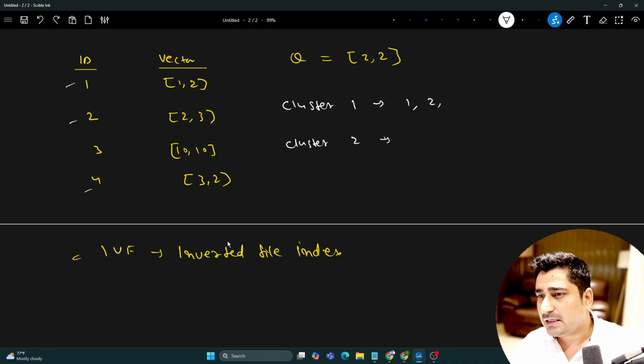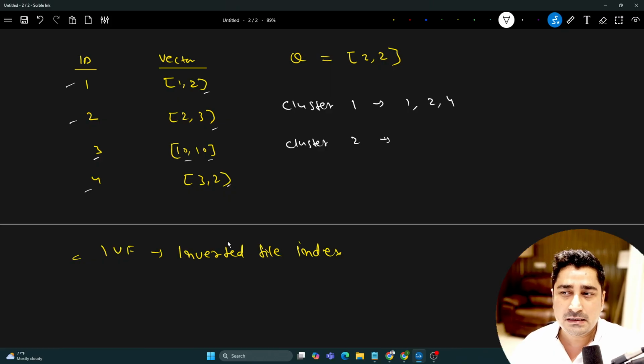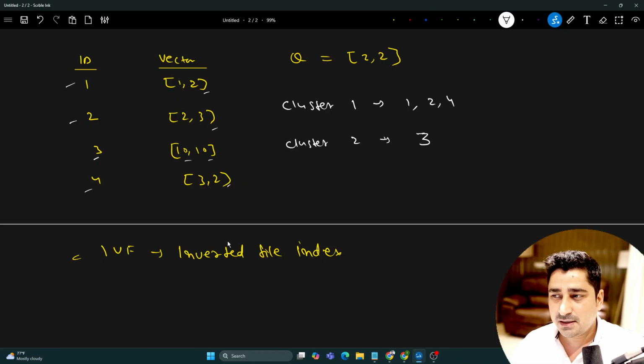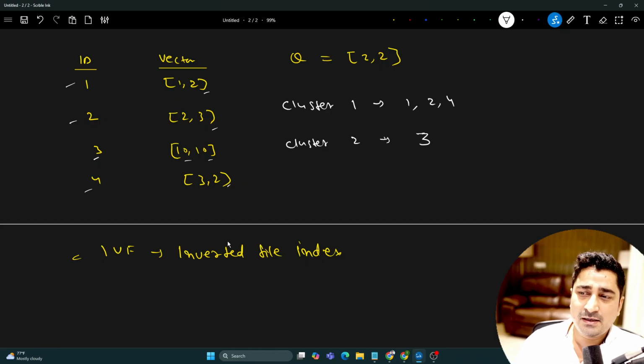So 1, 2 and 4 will come inside cluster 1, as we can see their data is pretty close to each other. ID 3 has 10 comma 10, which is very distant from all the other data, so I can keep it here. ID 3 will go inside cluster number 2. So I'm trying to divide the original data.